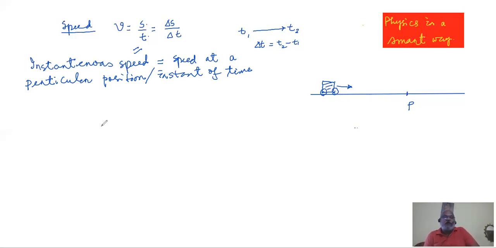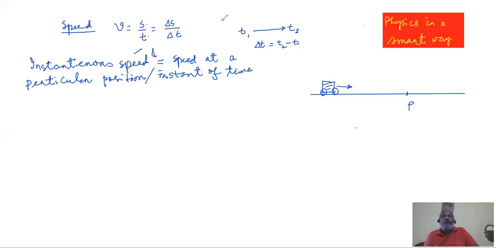So that is written as instantaneous speed.